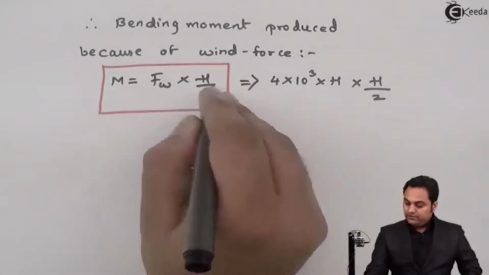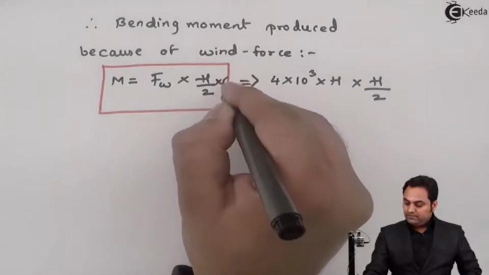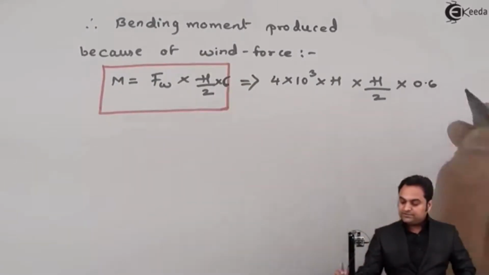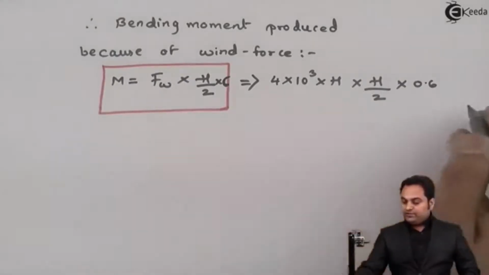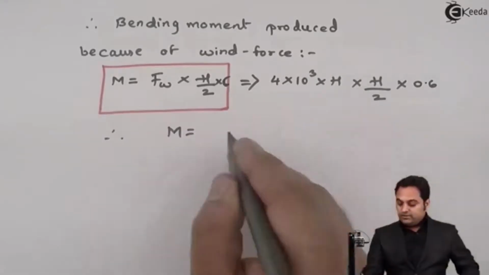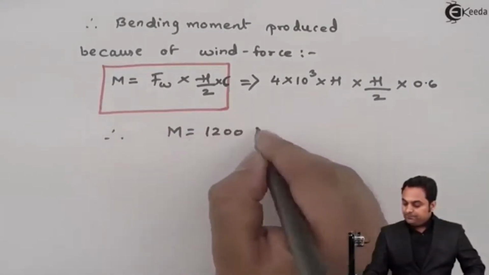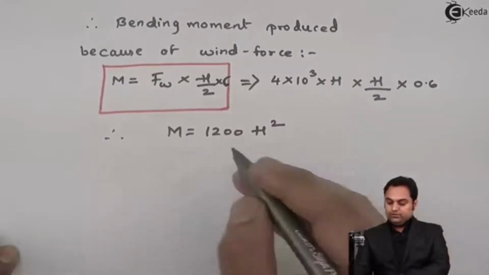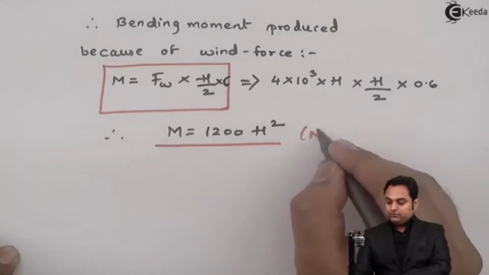So I'll write down in this term we are even multiplying by c, that is the coefficient of wind resistance, it is 0.6. So after this, the bending moment calculation comes out to be 1200 h into h, that is h square, and here the unit is Newton meter.